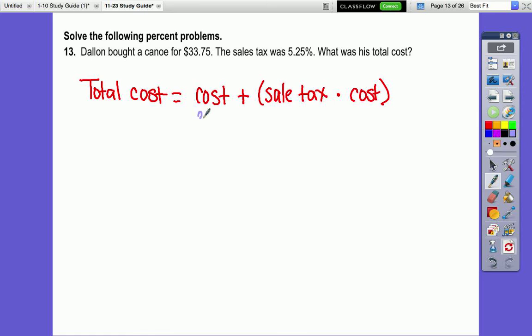So the cost was $33.75. We're going to add to that 0.0525, which is the decimal of that percent. So we're going to add 5.25% of the cost, which was $33.75.